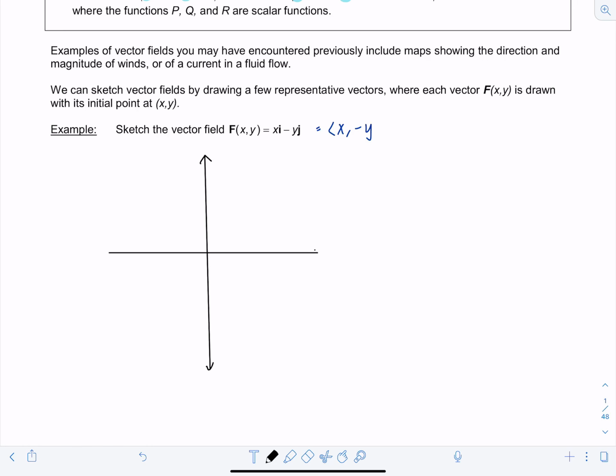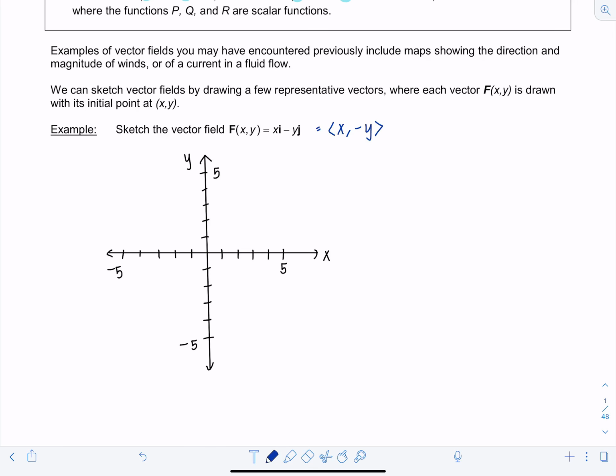But until you start doing a few, it's hard to know exactly what you're going to need. So 1, 2, 3, 4, 5. 1, 2, 3, 4, 5. Okay, so (0, 0) won't be interesting, right? I won't get a vector out of that, so we're not going to waste our time.